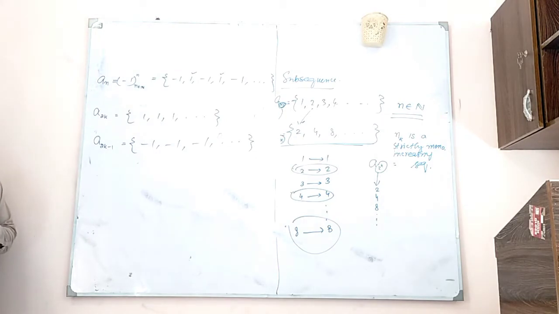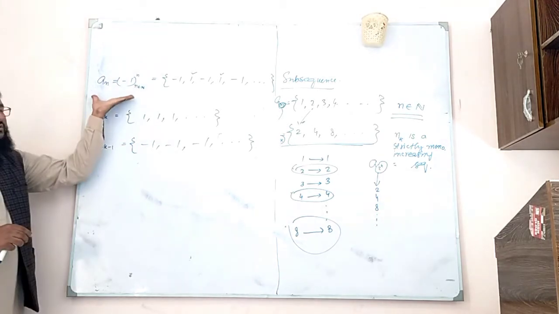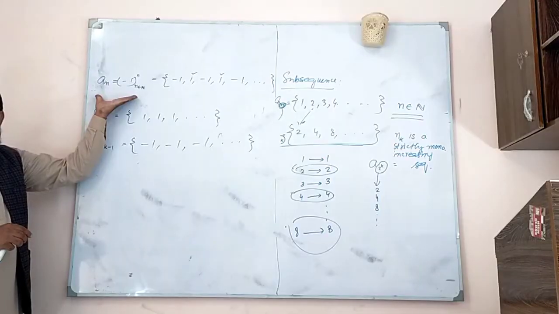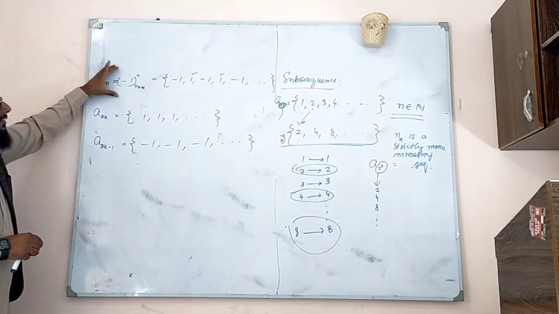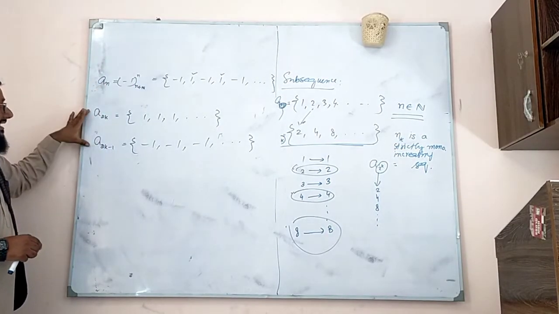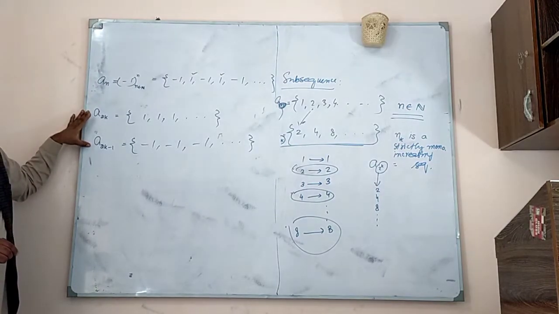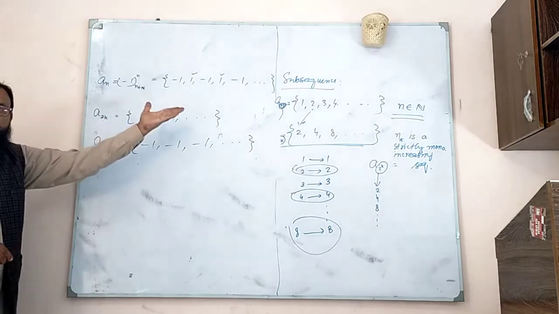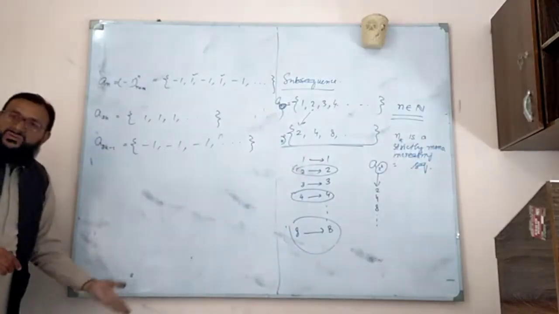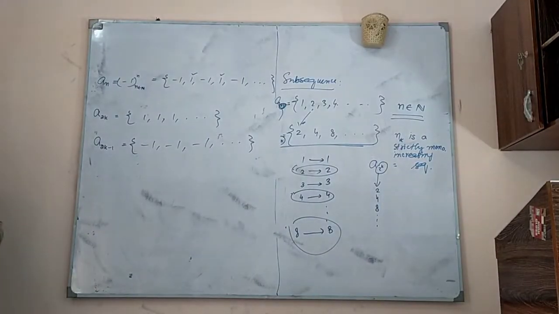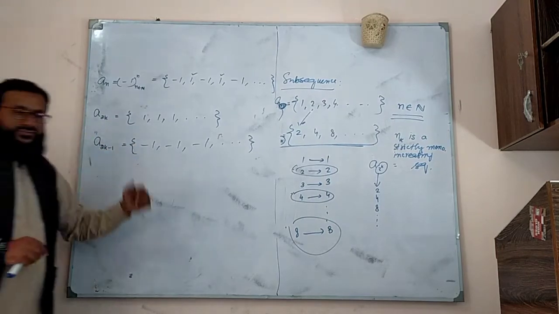The condition that relates is boundedness. This is not convergent, but bounded. So if a sequence is bounded, then it has certain subsequences that converge. It itself is not convergent.